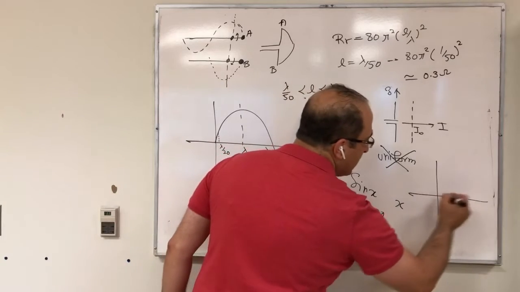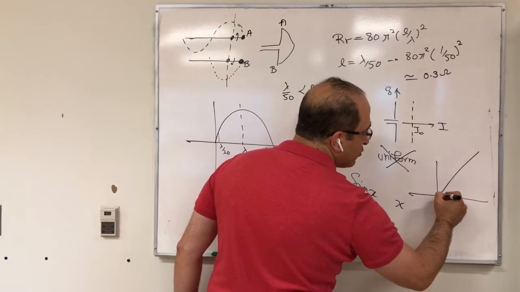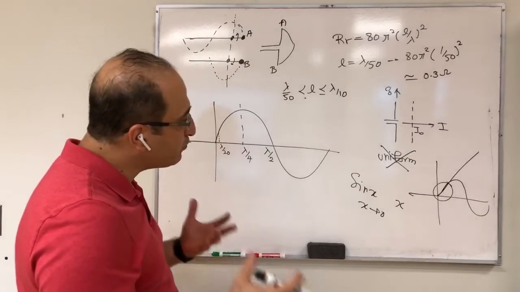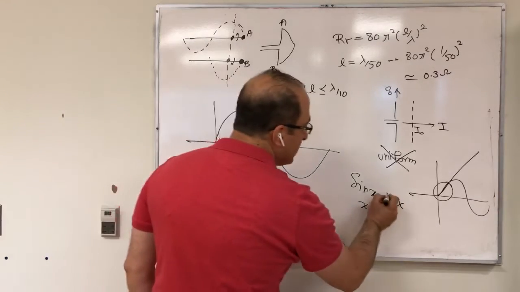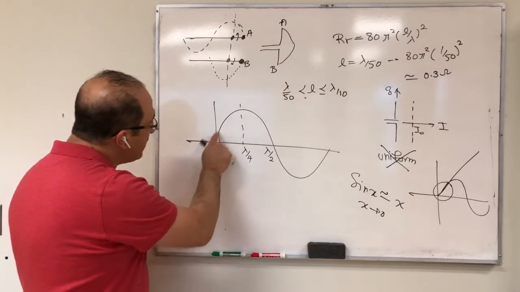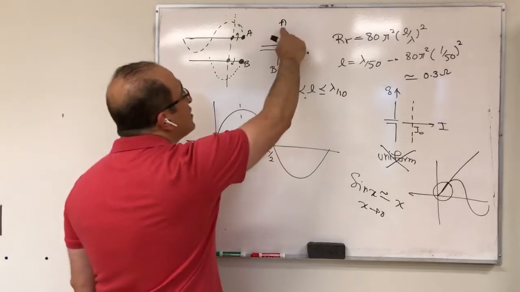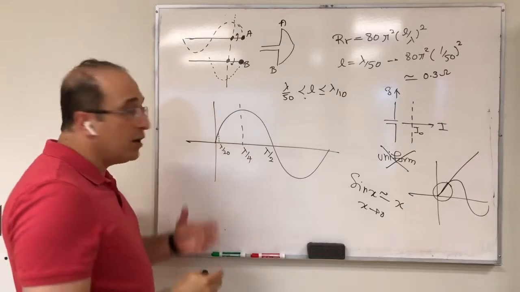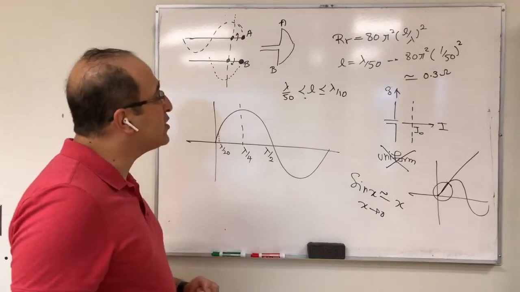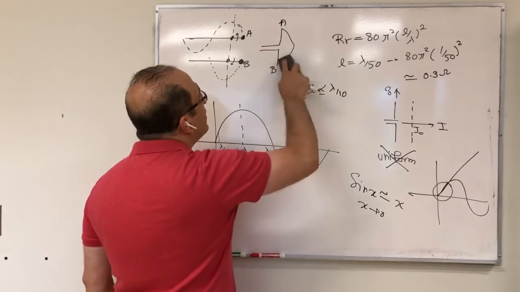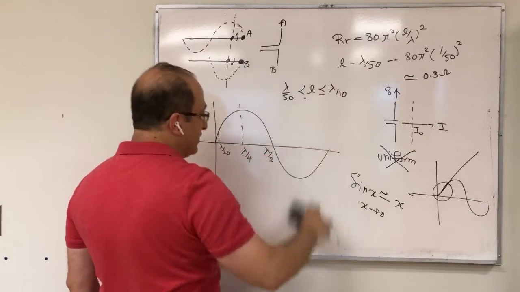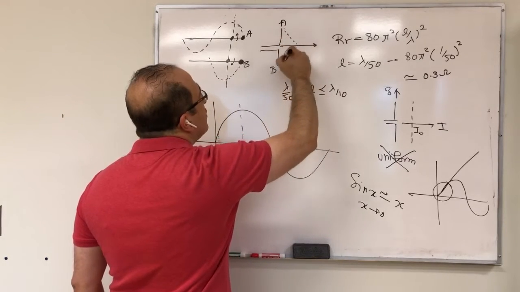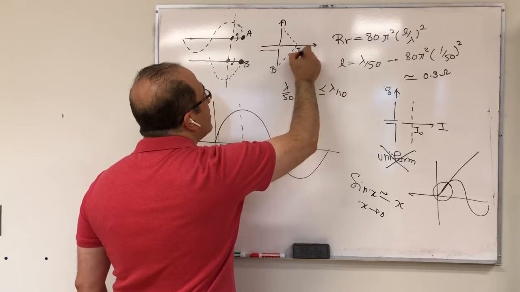That essentially means if you plot y equals x and also sine of x, these two in the beginning would be very similar. So that's the idea here. Instead of assuming some curvature that's going to make my mathematics more complicated, I can assume that this is a straight line. And if that becomes a straight line, then this becomes my current distribution. If this is the current axis, you can plot it like that. So this is your I naught.